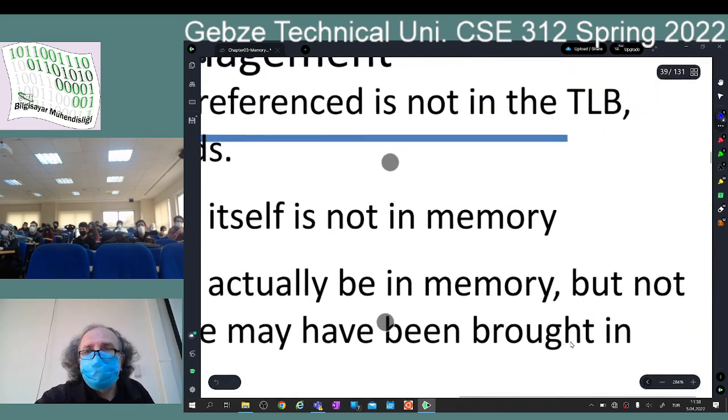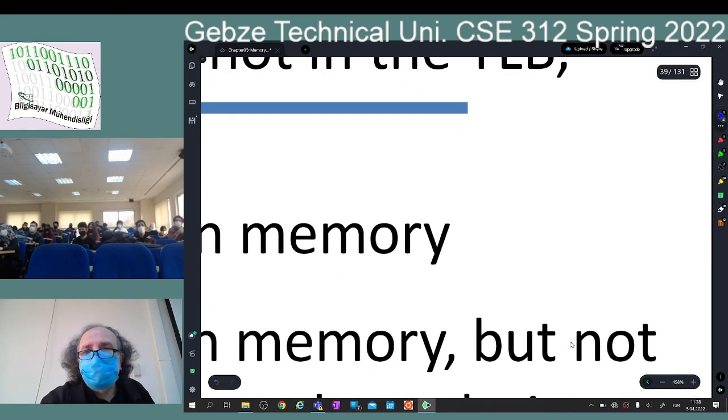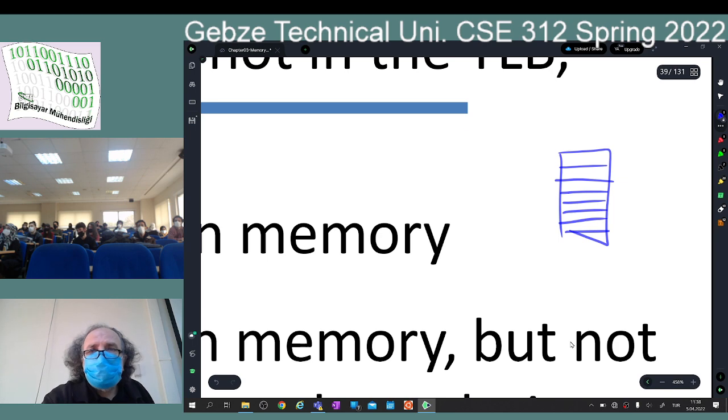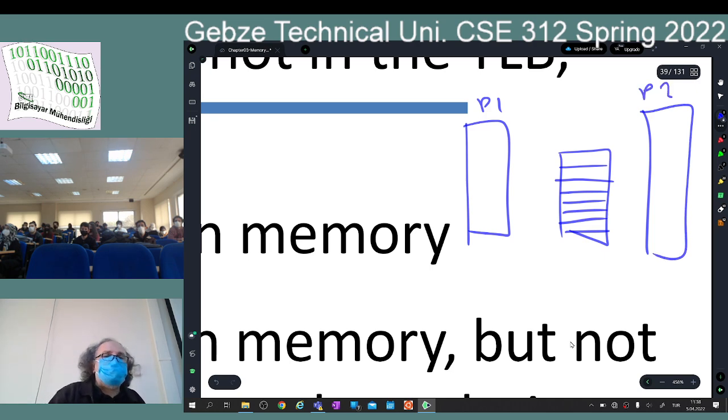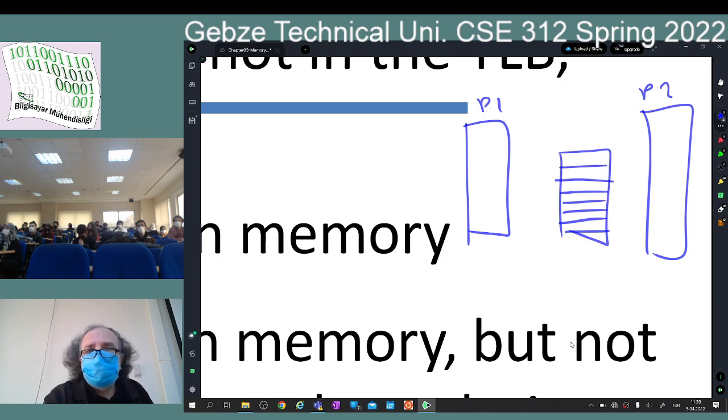Let me try to show it to you like that. This is my main memory. It has lots of pages in it. Process number 1 page table, and process number 2 page table. Of course, these page tables are kept inside the main memory, but just to make things a little bit more understandable, I am doing this.